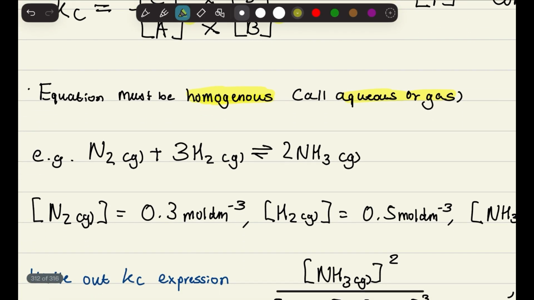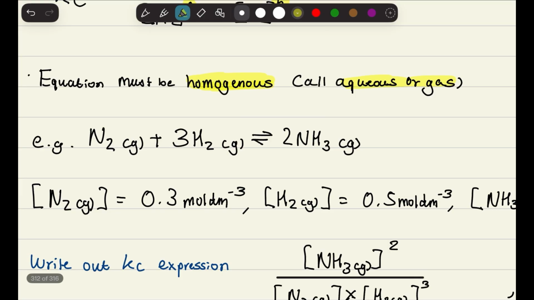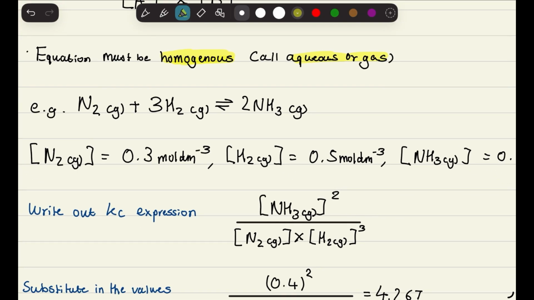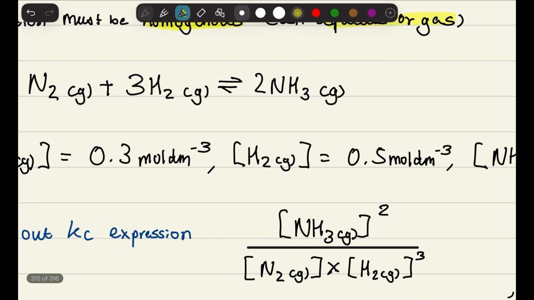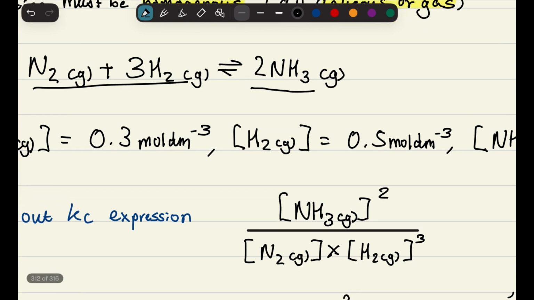Now, I think it is easier when you do an example. So I put up the Haber process, which you should have learned in GCSE. I've given random concentrations, and you can see here, draw out the Kc expression. We remember, we're going to put our reactants in the denominator, and the products are going to be the numerator. So we've done that. And then we need to think about the stoichiometry for the powers.